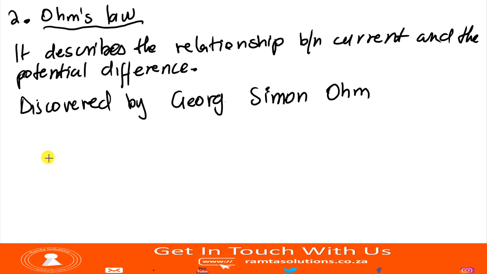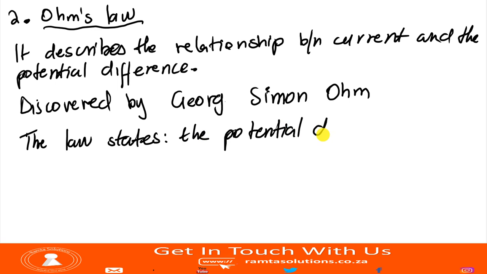So his discovery was that, in other words, Ohm's law states... Okay, this law is named after him. The law states that the potential difference across a conductor is directly proportional to the current in the conductor at constant temperature. I'm going to write it. Potential difference across a conductor, let me use the word across.